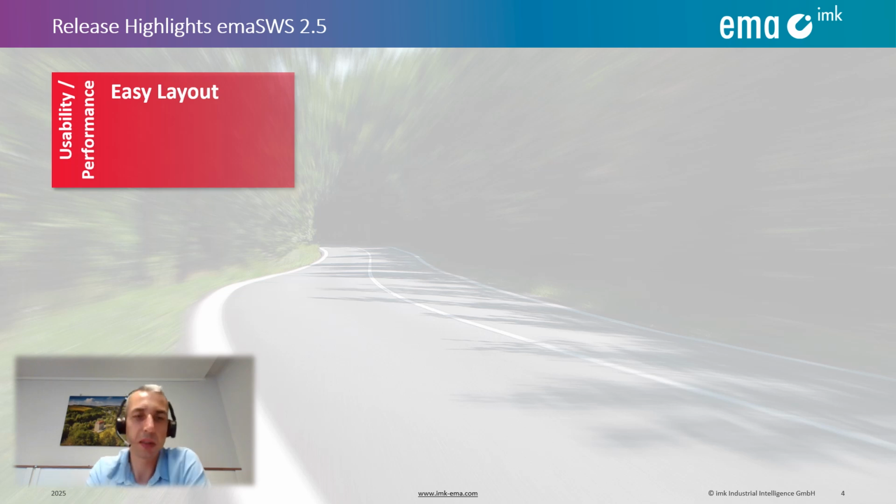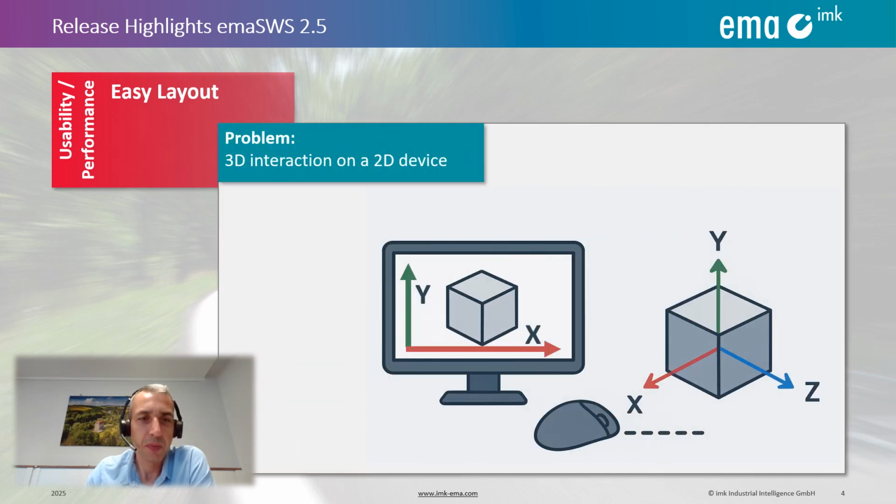and performance. First topic, easy layout, is a feature which comes from this problem. Especially new users have this problem. Layouting in 3D, when you start with 3D and never did this before, could be a problem.